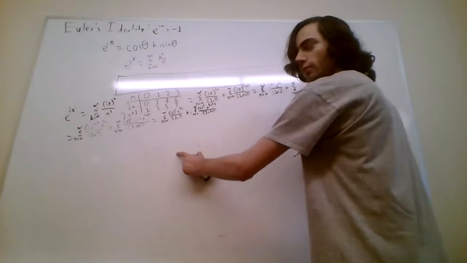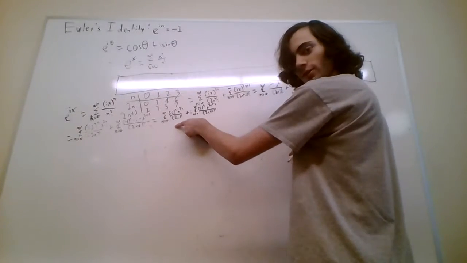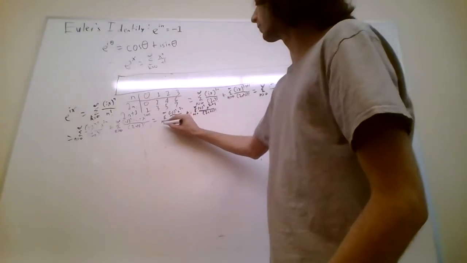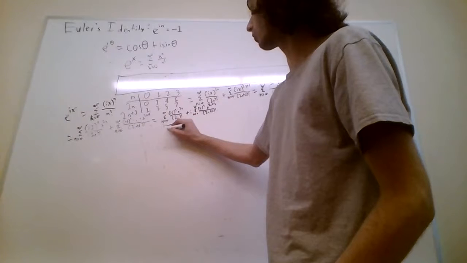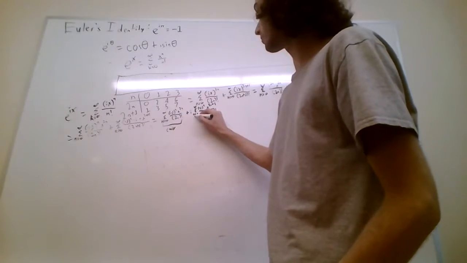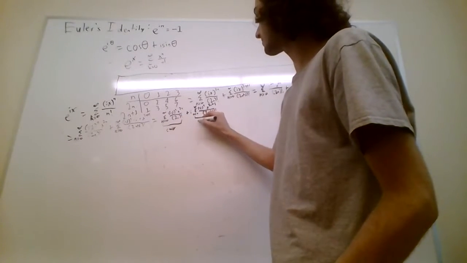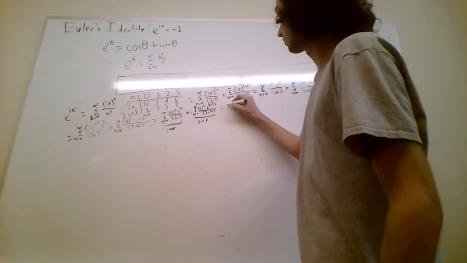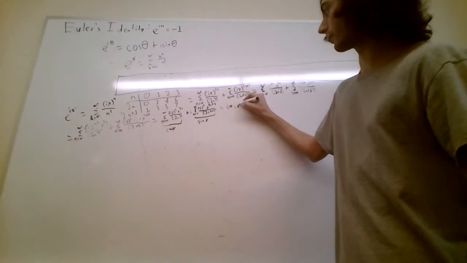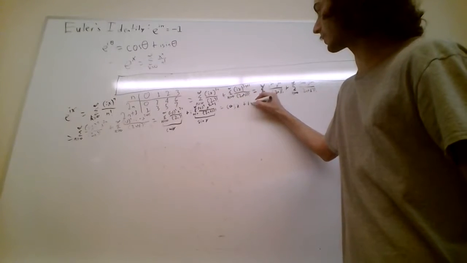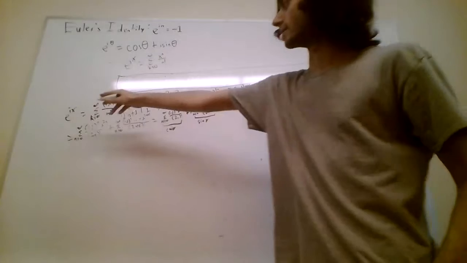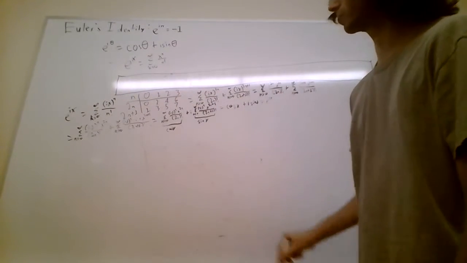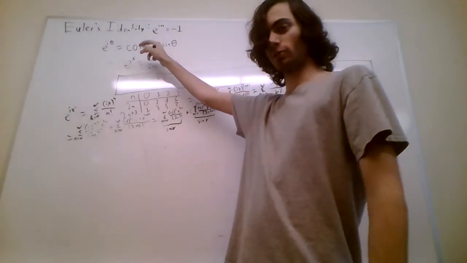Now you might recognize that these two sums are actually the Taylor series expansions for sine and cosine. So this right here is cosine of x, and this right here is sine of x. So this is equal to cosine x plus i times sine of x, which is equal to e to the ix, which is our Euler's formula.